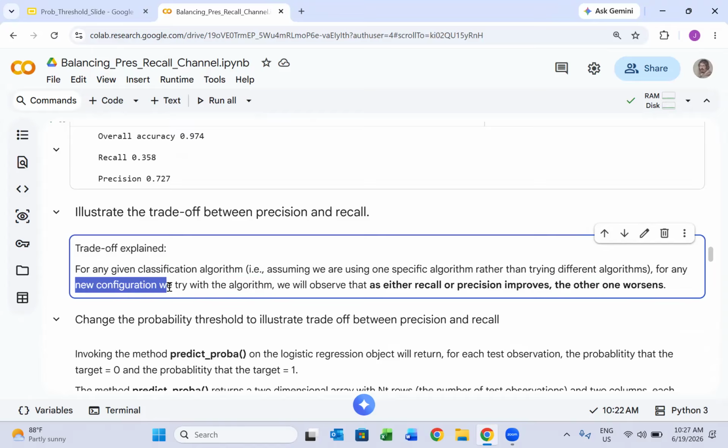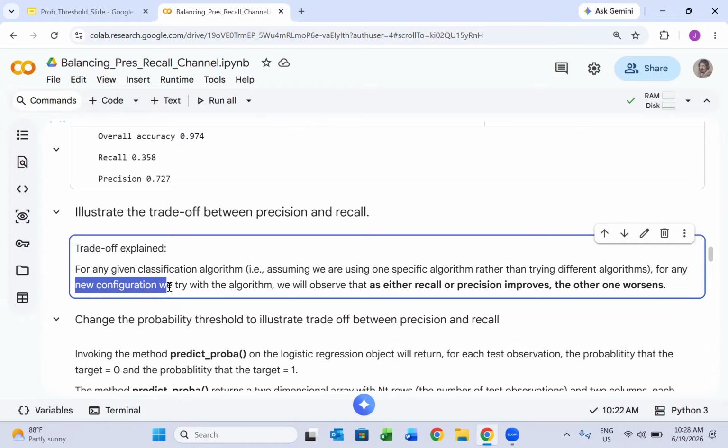Here I'm talking about using one algorithm and trying new configurations with it. So in this specific problem, what new configurations should we try with logistic regression? Well, this is an unbalanced data set, remember: 97% negative class, 3% positive class. With an unbalanced data set like this, to focus the performance not only on the overall accuracy but also on the precision and the recall, a very common configuration to change is the probability threshold.